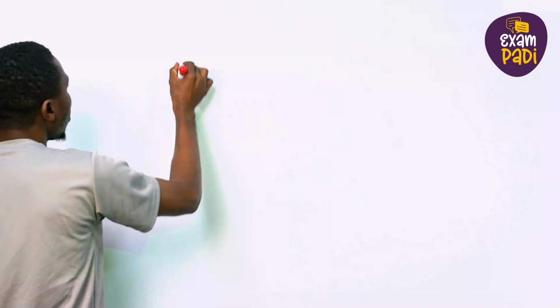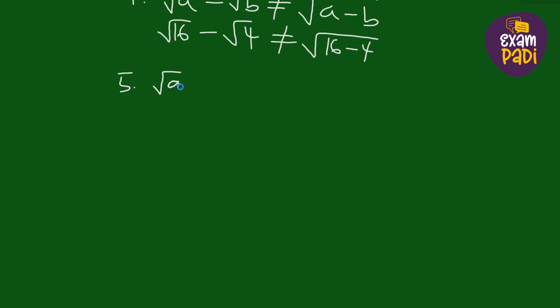Rule number 5. Square root of A plus square root of A is equal to 2 root A. How? Root A has a coefficient of 1. Also, this root A has a coefficient of 1.